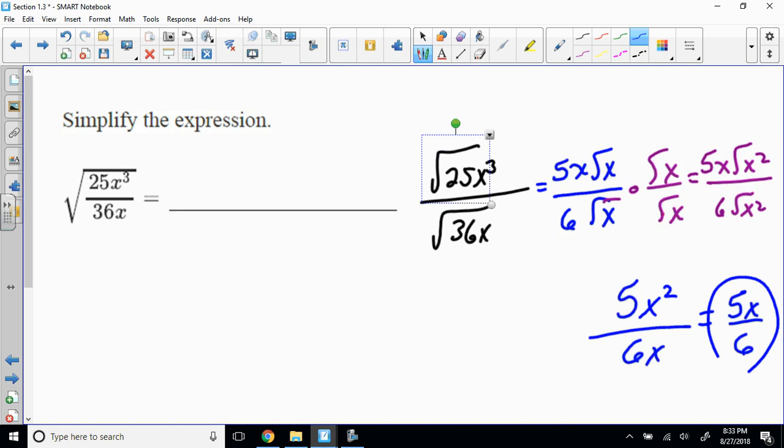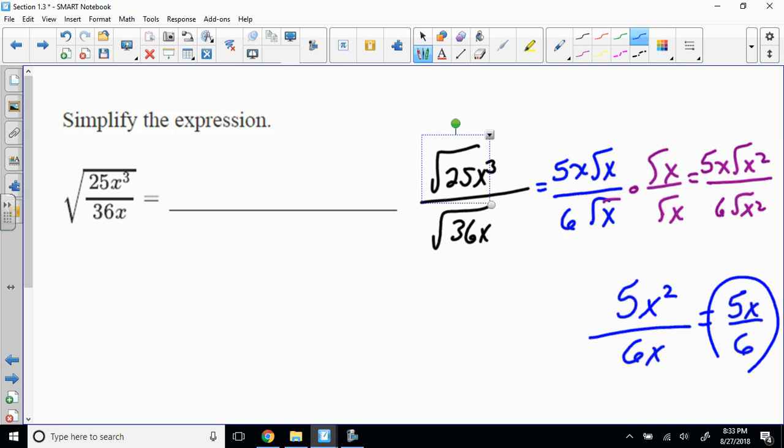Ladies and gentlemen, what's anything over itself? The square root of x over square root of x is nothing more than what? I'm creating an equivalent fraction. That's really what we're doing. But we don't see that because we're too ingrained in rationalize, right?